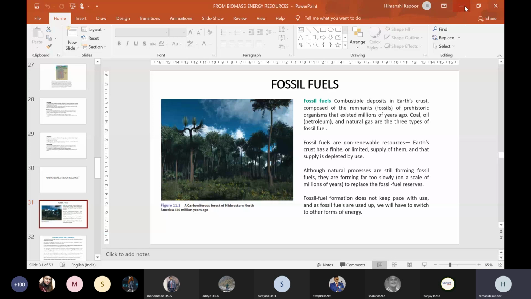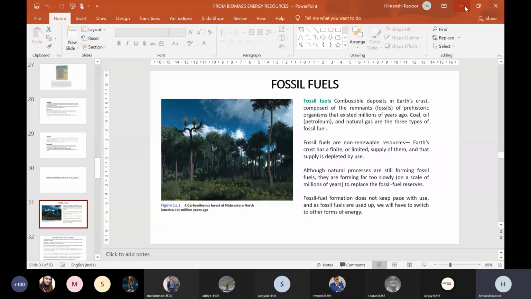So now these extinct plants and animals kept on accumulating in the earth in layers, and the bacteria was not able to completely decompose them. When they got trapped in high pressure and heat conditions, they transformed into fossil fuels.